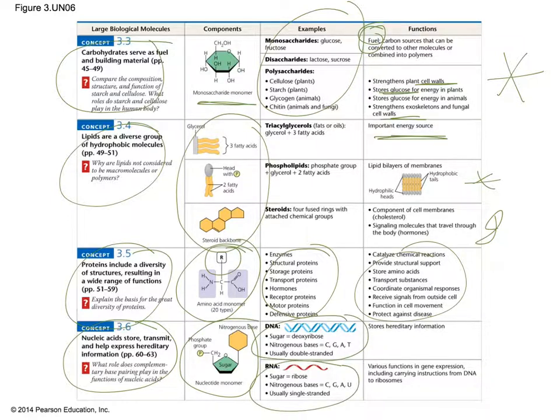DNA is a double-sided molecule with the nitrogenous bases cytosine, guanine, adenine, thymine. RNA is a single-sided molecule with the nitrogenous bases cytosine, guanine, adenine, uracil. DNA stores hereditary information, and RNA functions in gene expression. And what that means is it carries out and builds the protein according to the DNA directions.